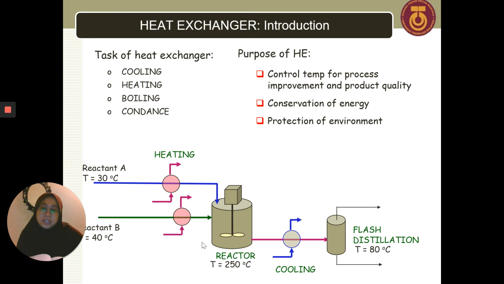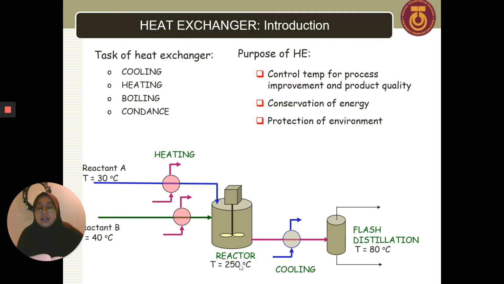So both reactants need to be heated before entering the reactor. If they enter the reactor without heating, the temperature in the reactor will decrease. Therefore, you need preheating so that your reactant comes into the reactor at the reaction temperature.